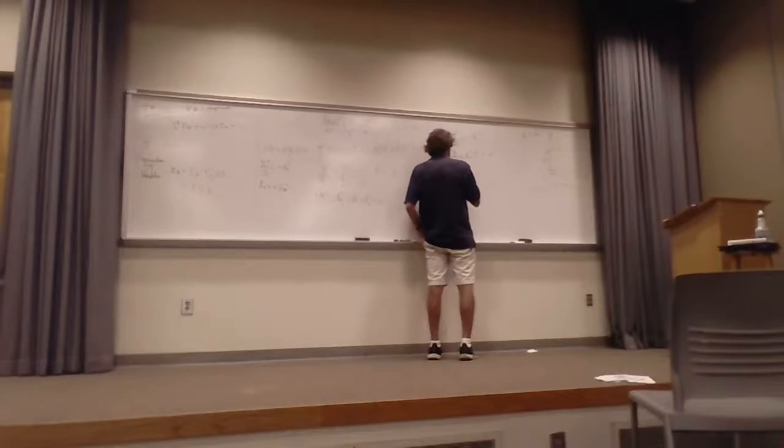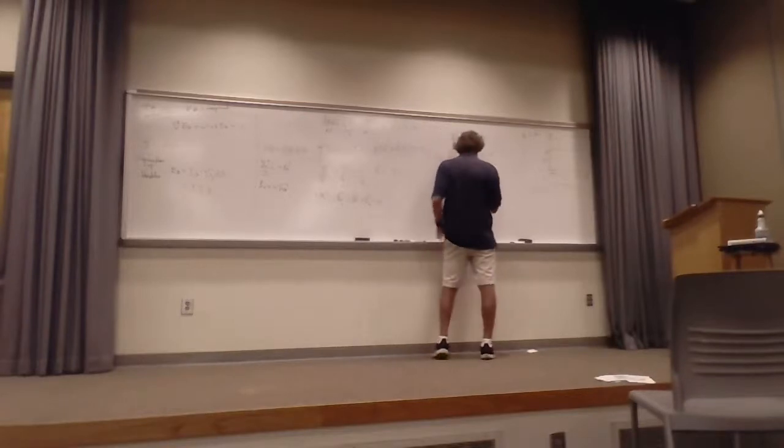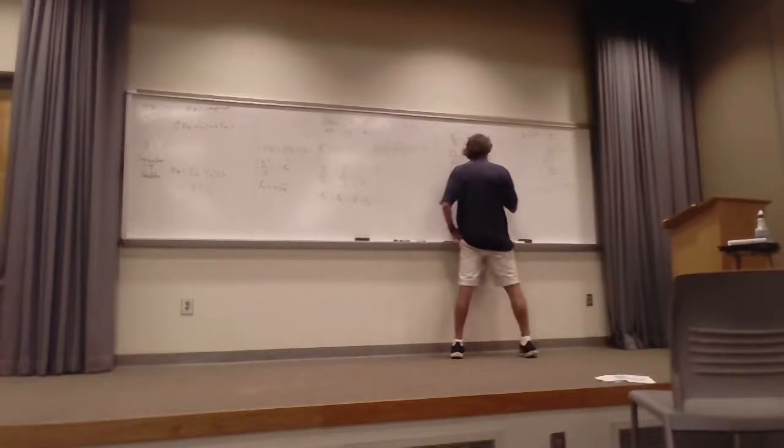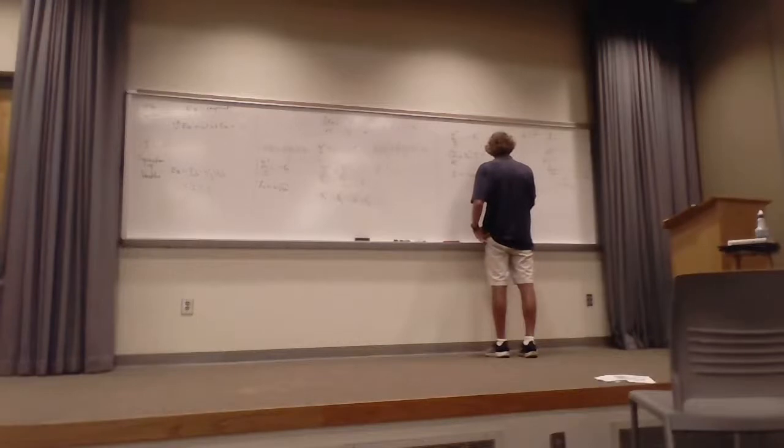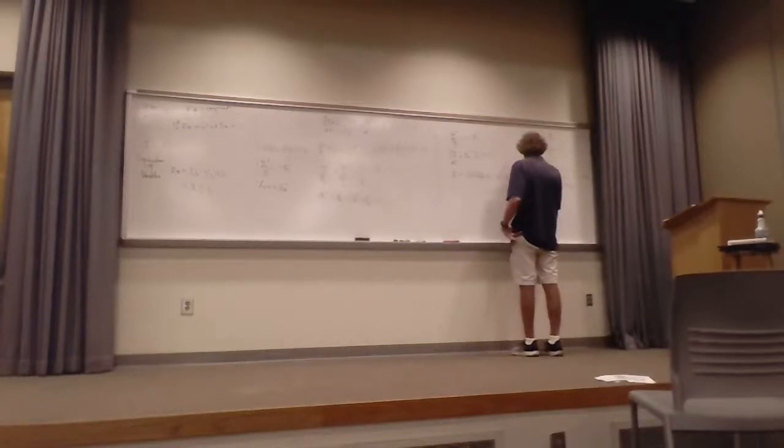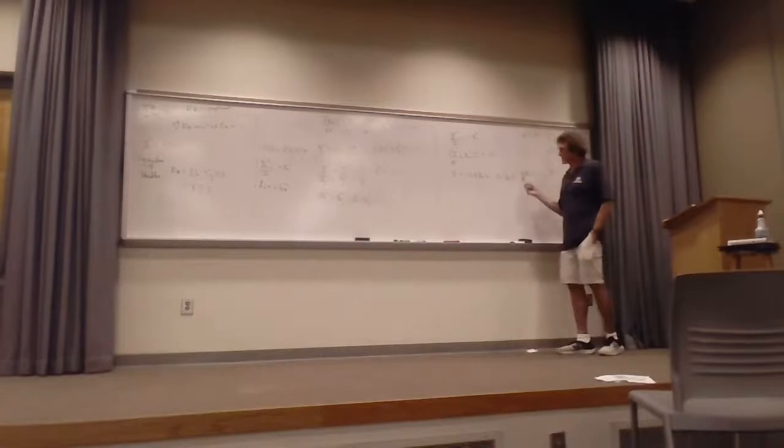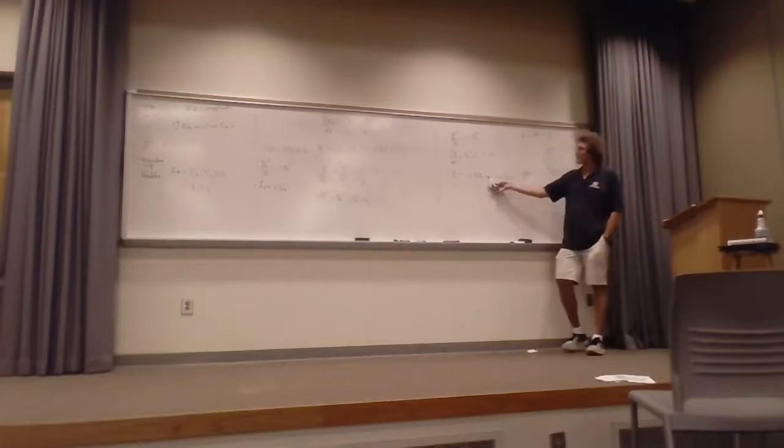X here can have a variation as cosine of beta x times x, or it can be a sine of beta x times x, or it can be e to the plus or minus j beta x times x.